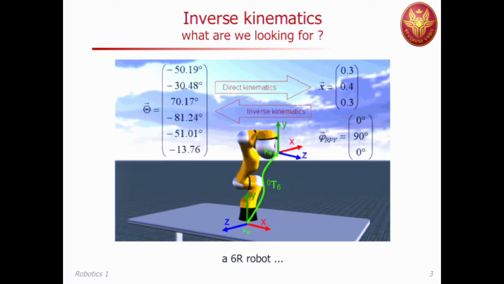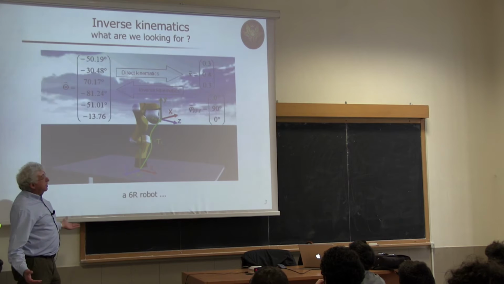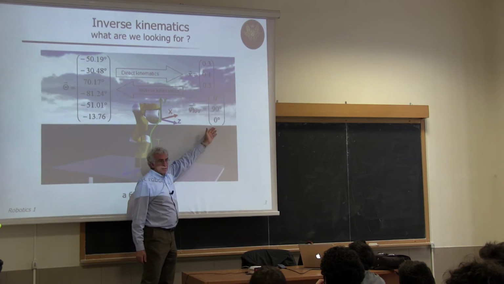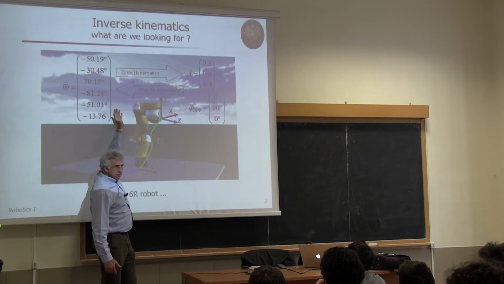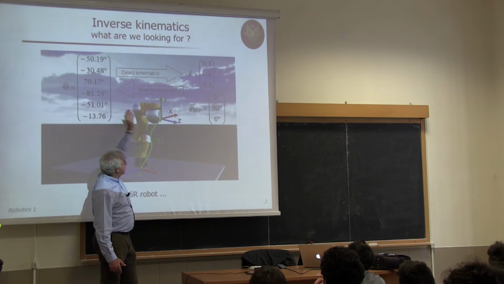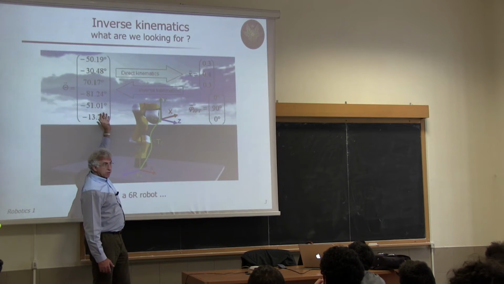And here you have the transformation T06, the sixth frame with respect to the base frame. Okay. The inverse kinematics is: I give you these numbers, and I would like to find those numbers. Do you think that if I give these numbers, I will always find those?